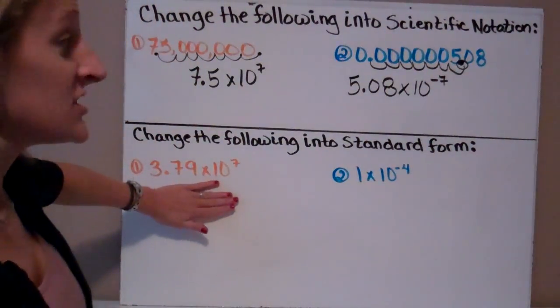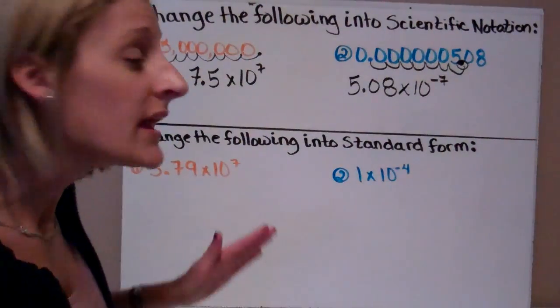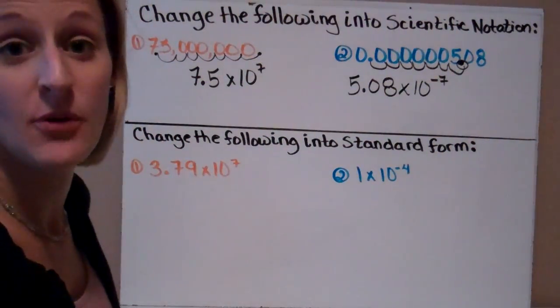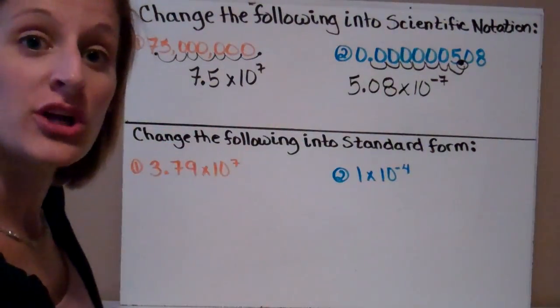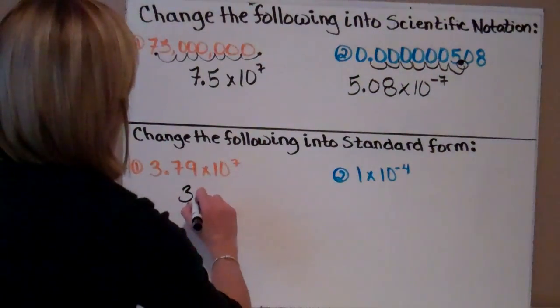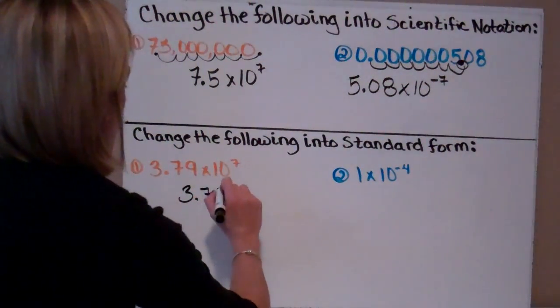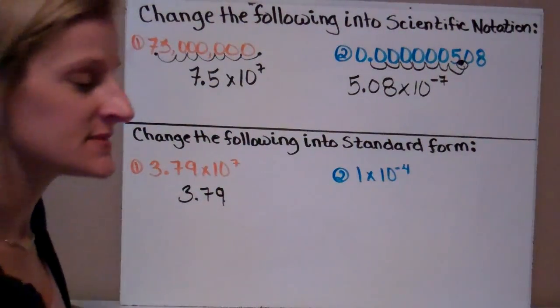Now let's change them from scientific notation into standard form. Now remember, if it's a positive exponent, that means it's a big number. That means I want to add those zeros onto the end of the number. So I'm going to take 3.79, okay, and I need to add in some zeros.